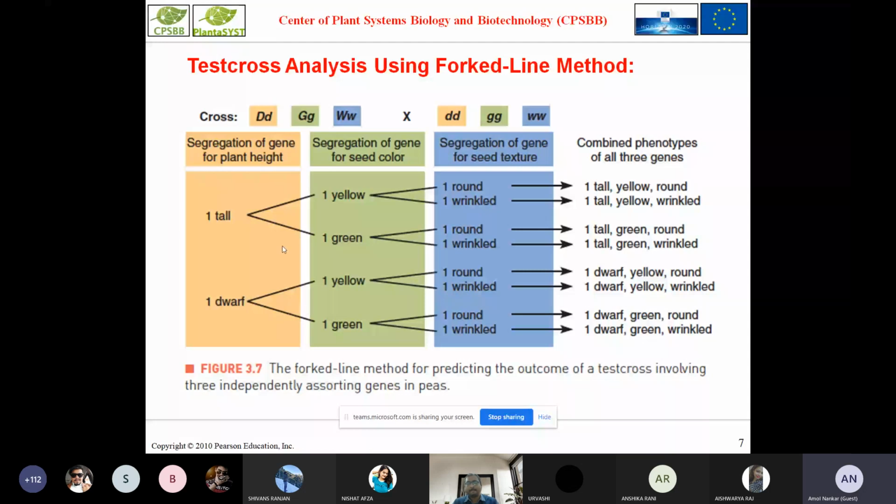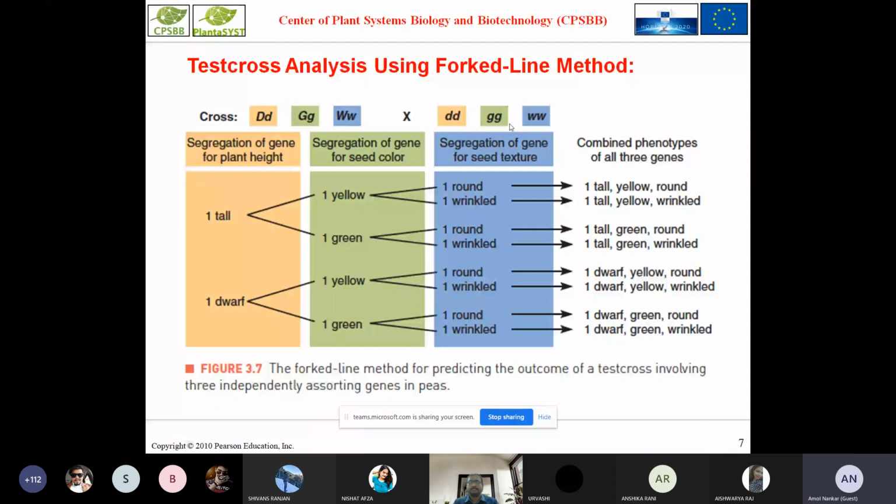Basically it allows us to calculate and predict our outcomes very easily. Especially when it comes to breeding, it's very important that we know the unknown phenotypes, and that's where the test cross comes in very handy. We can use this method to analyze the results of a cross between multiply heterozygous individuals and multiply homozygous individuals.